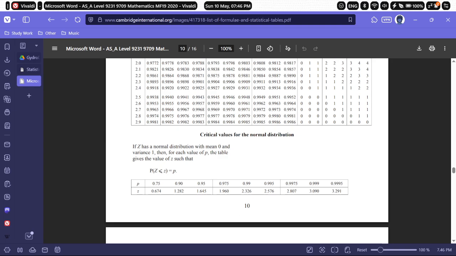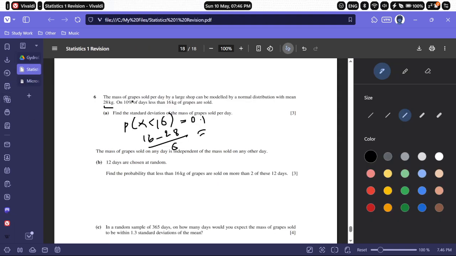You have the critical values for the normal distribution, so just use that. For 0.9 it's 1.282, so for 0.1 it would be minus 1.282, and then you get the standard deviation to be 9.36.